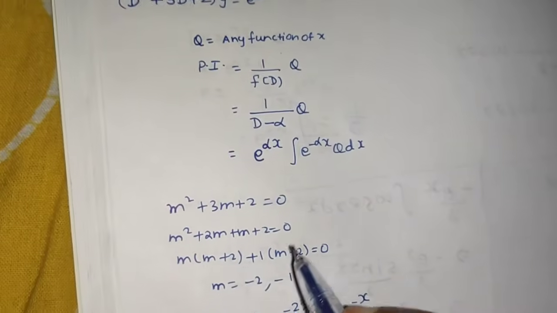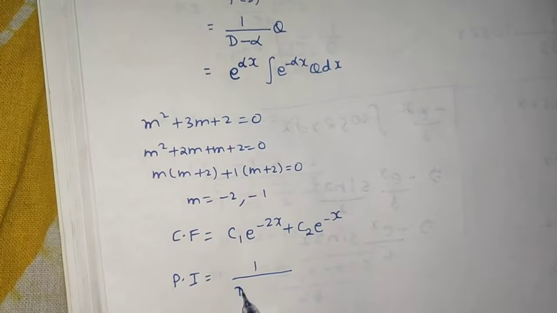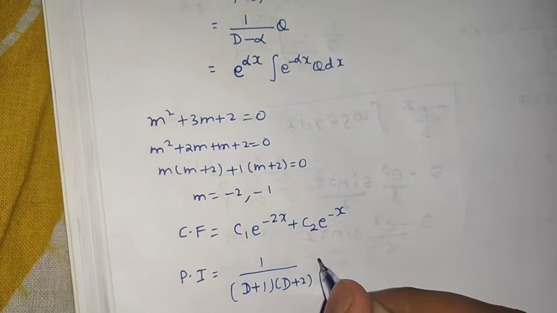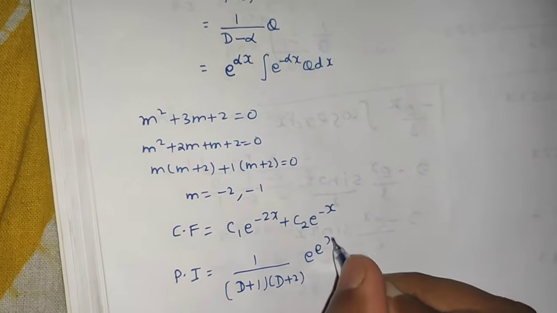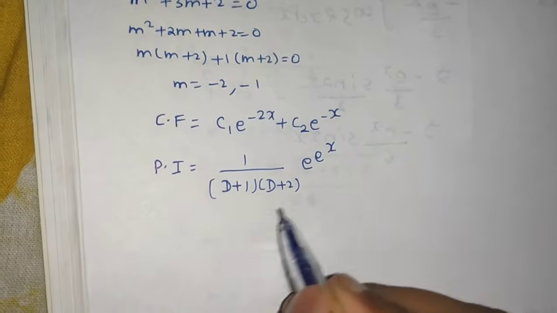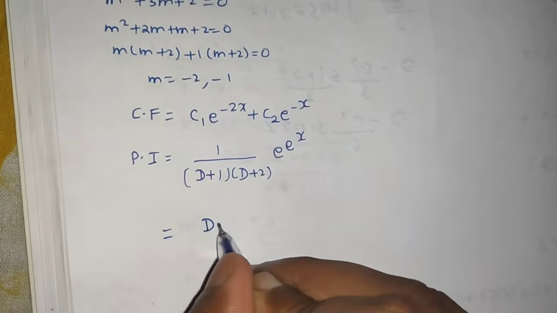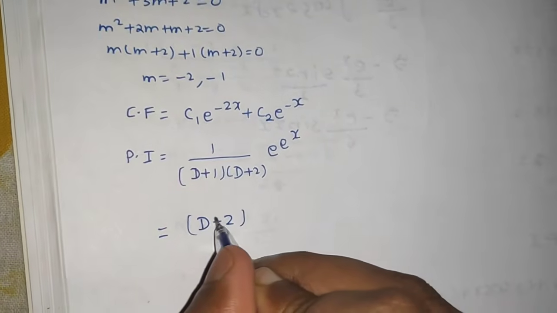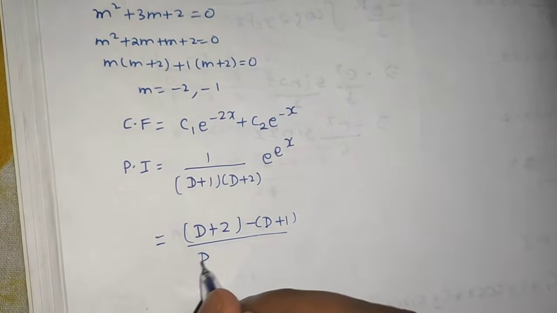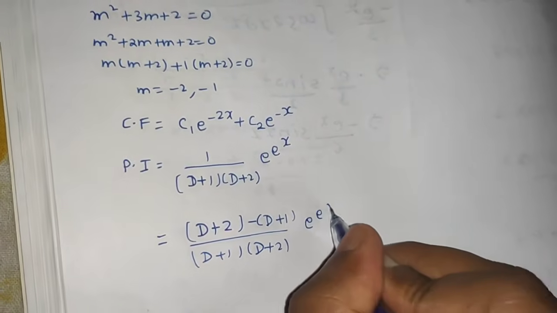Coming to the particular integral, which is 1 upon f of D, in terms of linear factors this will be (m plus 2) into (m plus 1), so I will write this as 1 upon (D plus 1)(D plus 2) operating on e power x. Now just manipulate the numerator and write it as (D plus 2) minus (D plus 1) divided by (D plus 1)(D plus 2) operating on e power x.